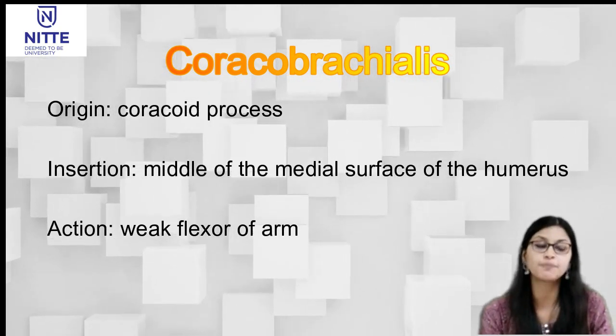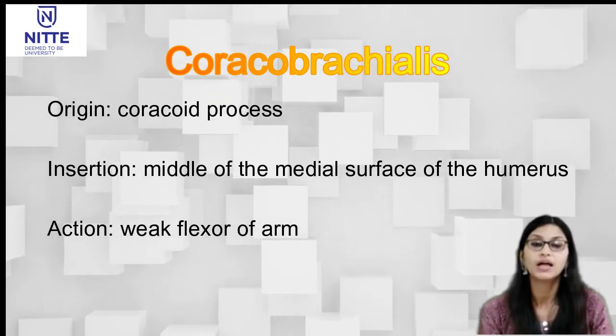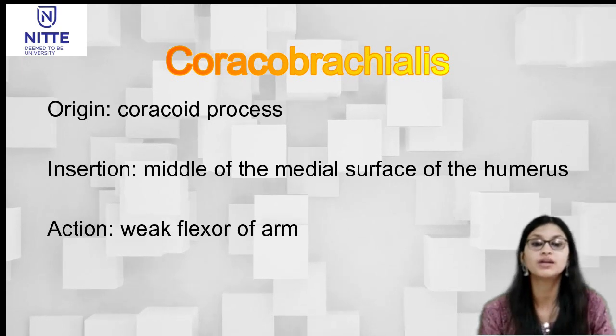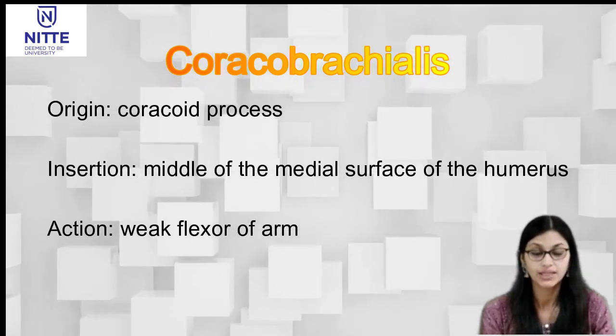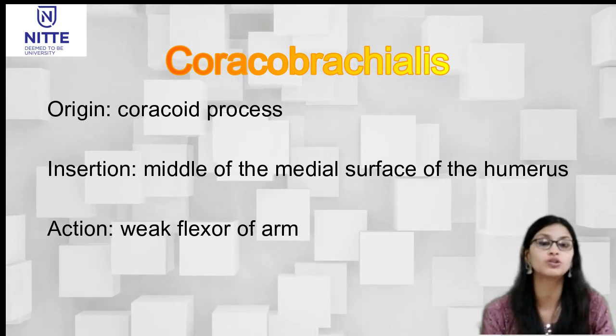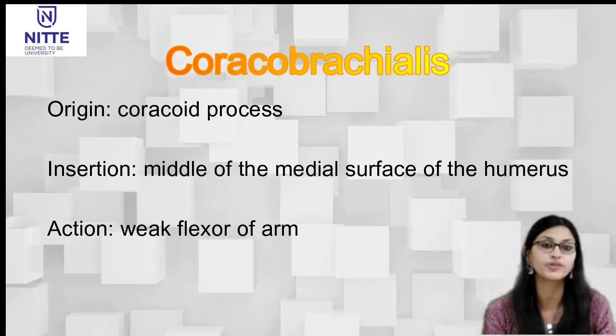The muscle fibers pass anterior to the shoulder joint and it is inserted to the middle of the medial surface of the humerus. Since it crosses the shoulder joint anteriorly, it is a weak flexor of the arm.